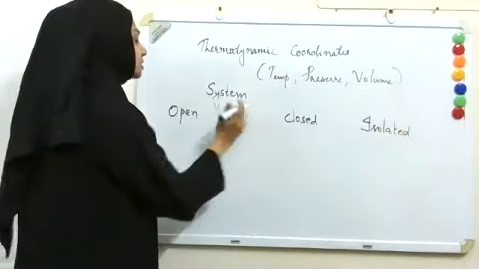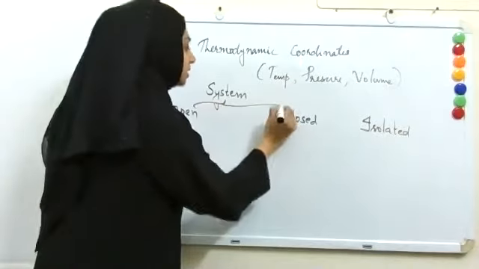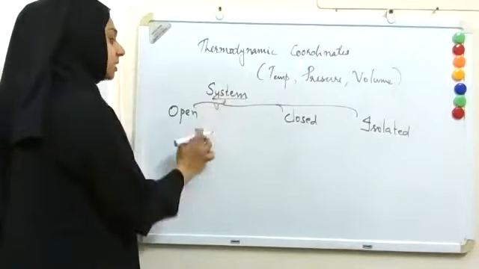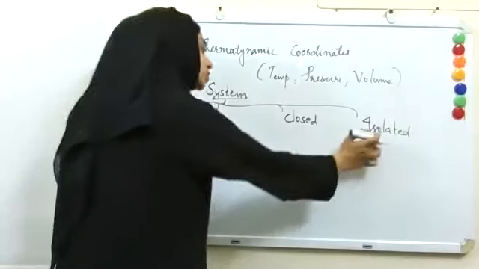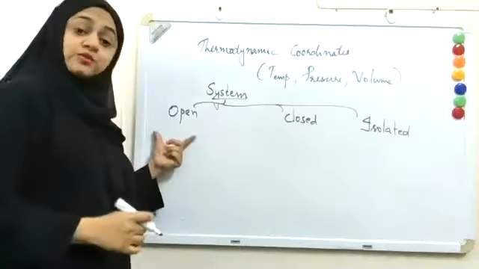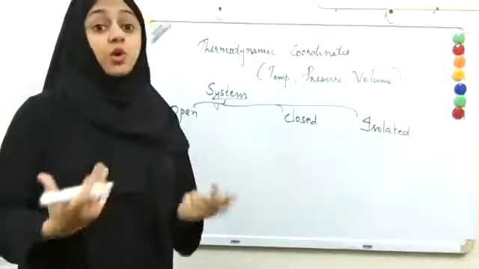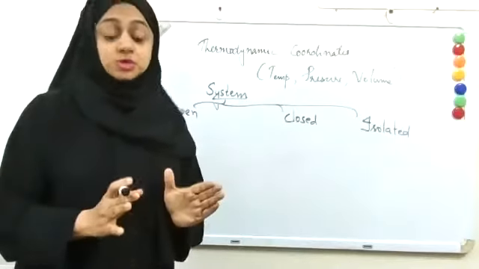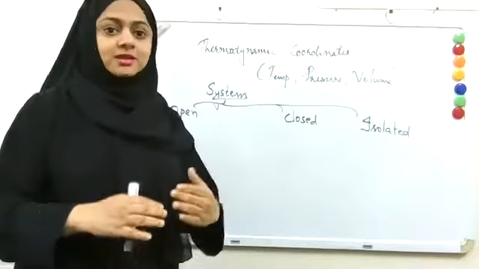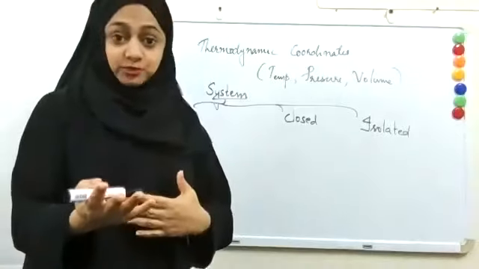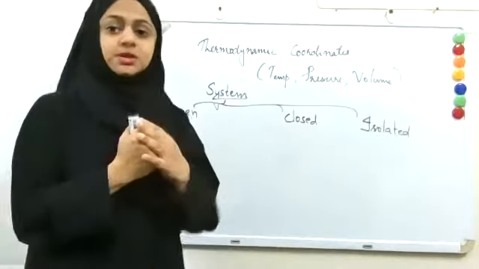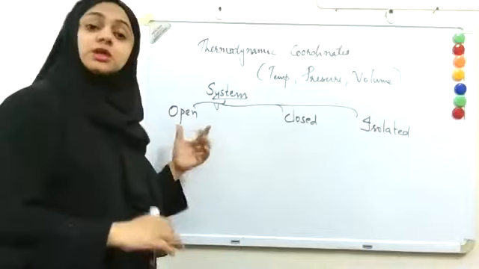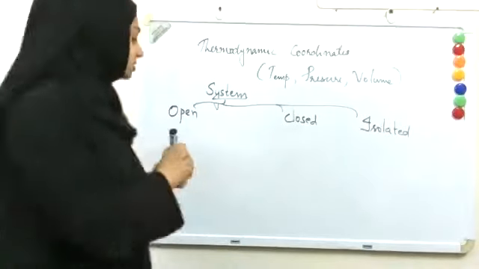Now, what is the difference between an open system, a closed system, and an isolated system? A system can be either open, closed, or isolated. When do we say that a system is open? We say that the system is open if it can exchange with its environment, that is the surroundings, both mass and energy.